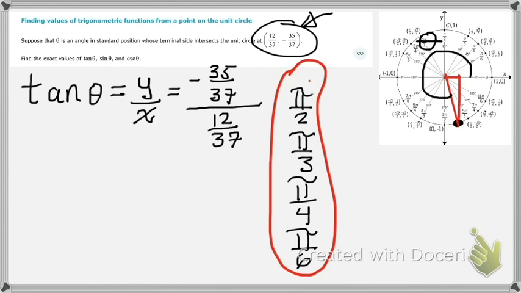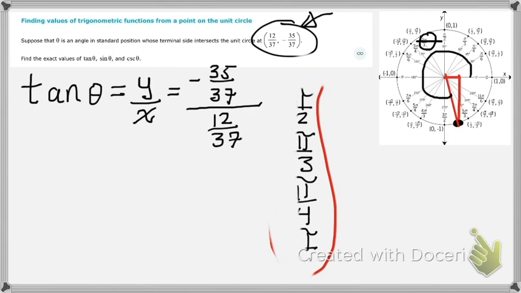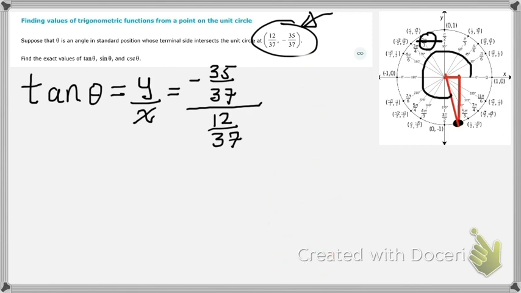Hopefully your arithmetic is good enough that you could simplify that to negative 35 over 12. And that's the tangent of our angle, negative 35 over 12.